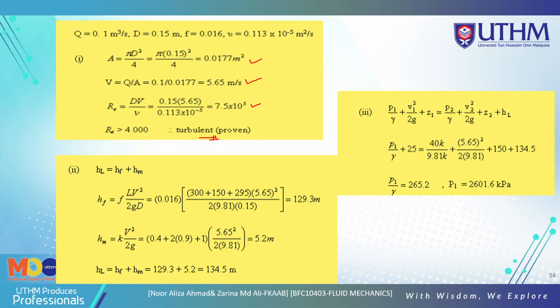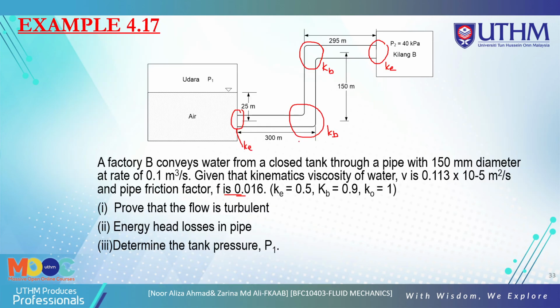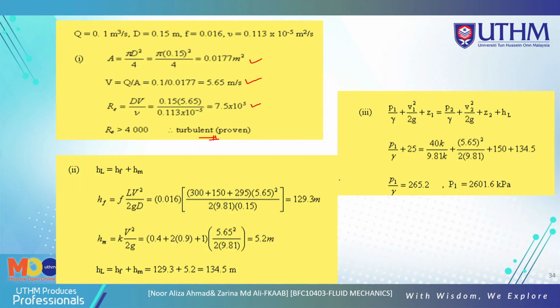L is the length of the pipe, so the length is 300 plus 150 plus 295, times the velocity squared. So you get the value of HF.